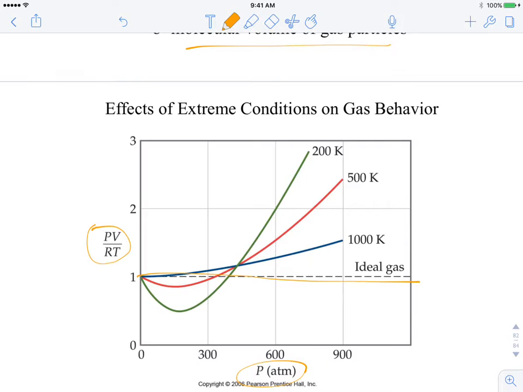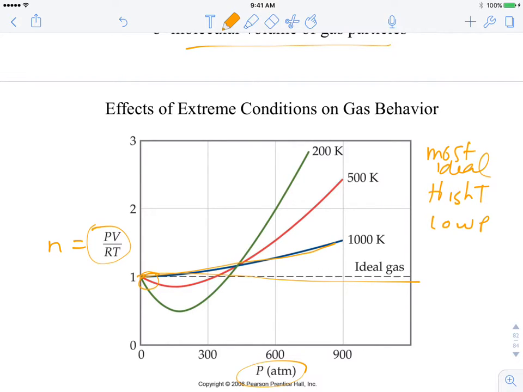And it would give us 1 for 1 mole, because that's what this is equal to. But when we have gases that are not ideal, look at what happens. At a very high temperature, the gas deviates somewhat. And so we can see the best conditions are high temperature and low pressure. This is when you're most ideal.